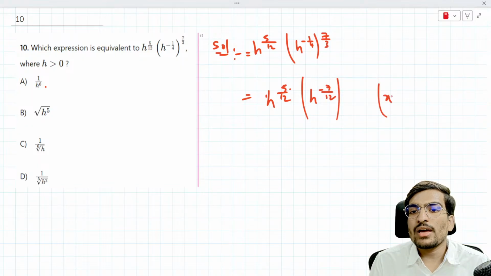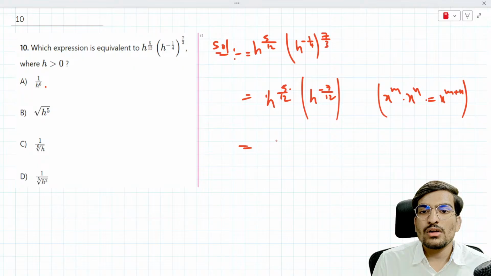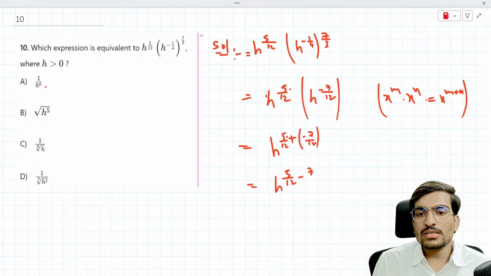Now we apply the product rule, x power m into x power n equals x power m plus n. We have been doing the same for a long time. So this equals h raised to the power of 5/12 plus negative 7/12, that equals h raised to the power of 5/12 minus 7/12.